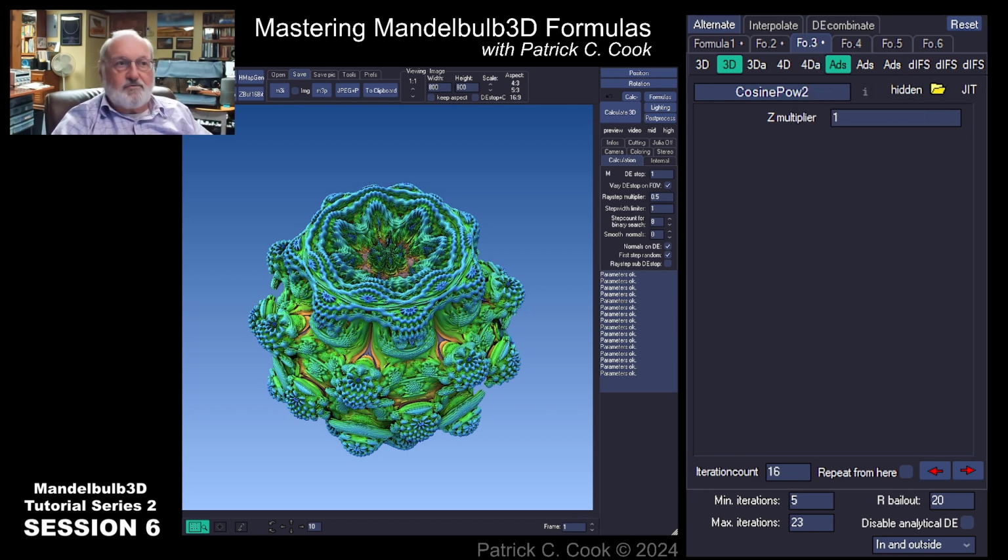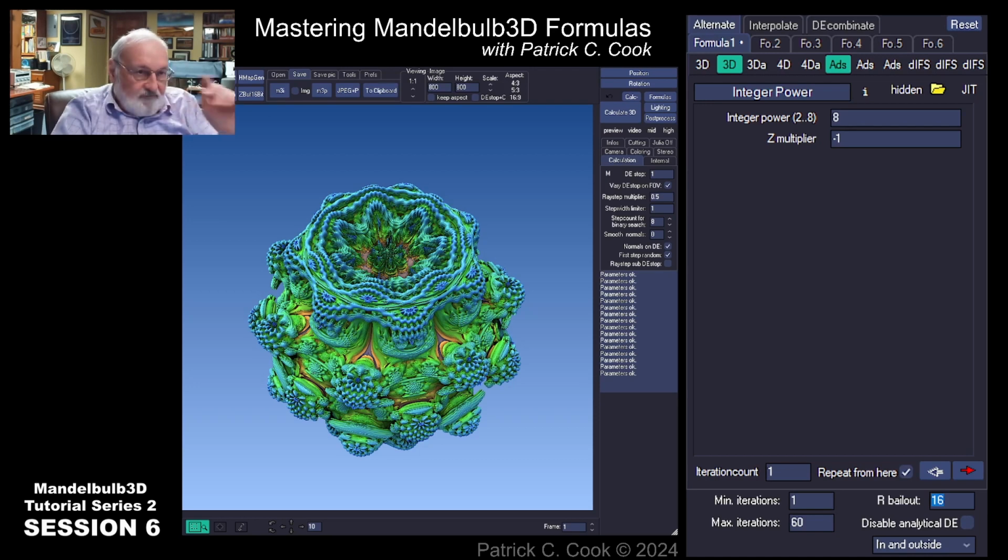Actually, no, we don't want to do that. What we want to do is go back. I want to reset and recalculate. I want to keep this simple for you now. I just reset. I just wiped out all of the assigned formulas, and the iteration count was set back to 1. Our bailout is set back to 16. All I want to do is show you this.